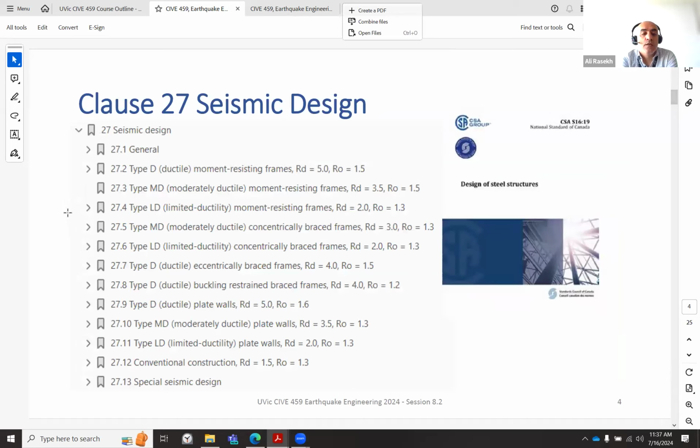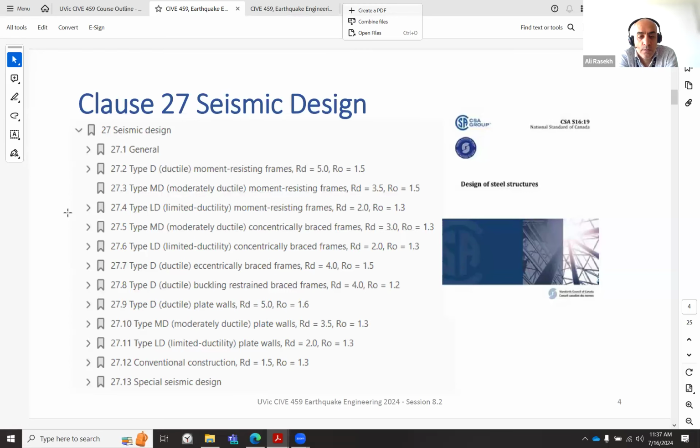An outline of what you see in Clause 27 of the code on seismic design is mostly divided between different types of steel seismic force resisting systems with different levels of ductility. The more ductile you want, the better a job you should do in detailing and providing capacity protection.